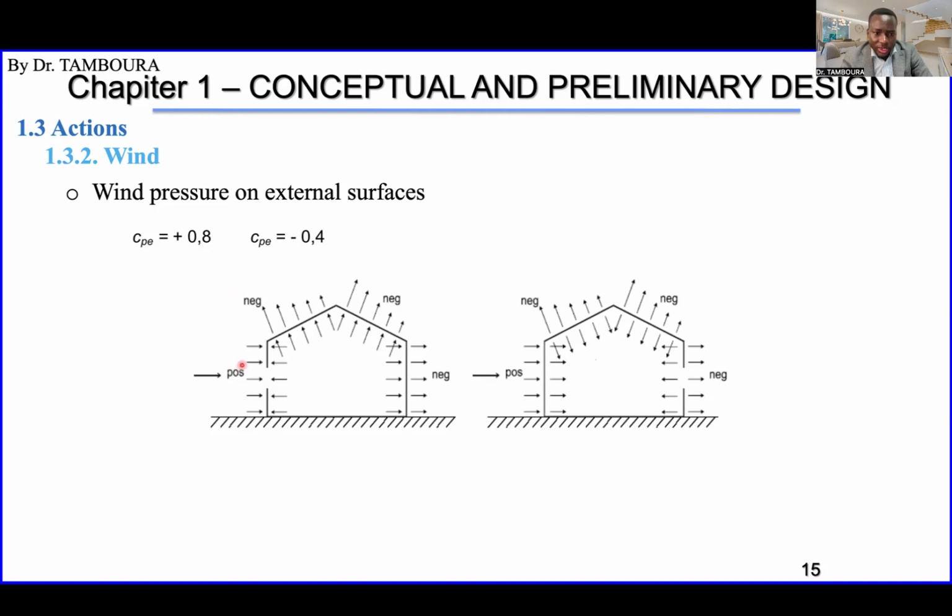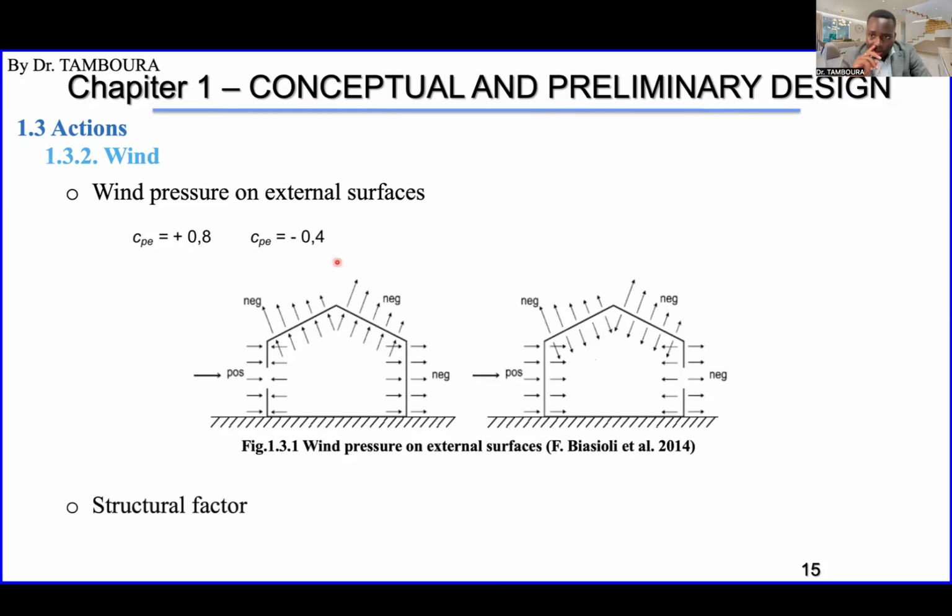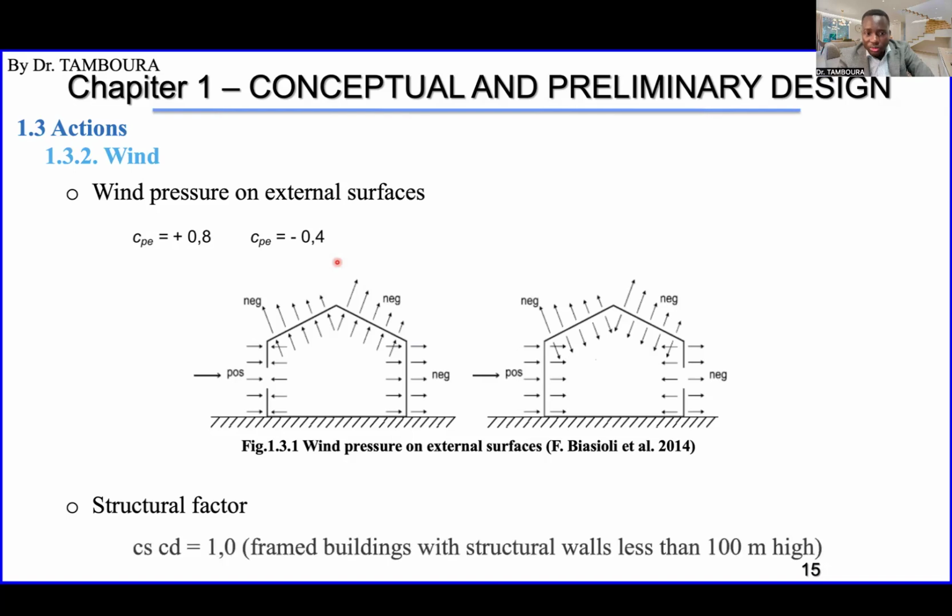If the direction is like this, the positive, this one is negative, but both are acting on the building. So you can see it can be in or out. This is just illustration, but these coefficients are multiplied by the previous one, the peak velocity pressure. It is like we can say somehow a partial factor or combination factor for the wind.